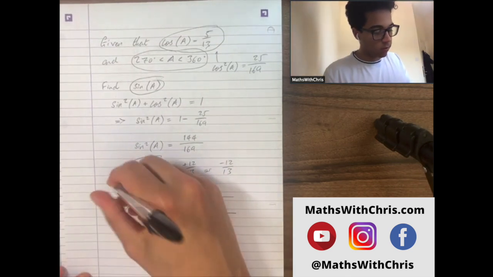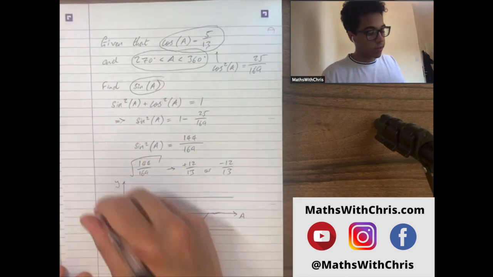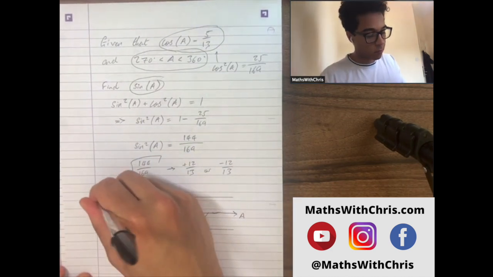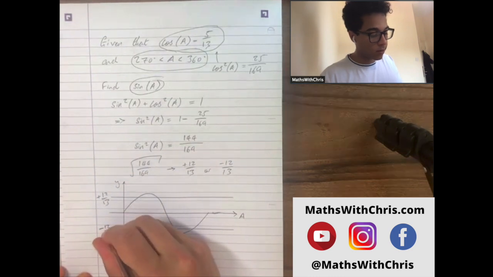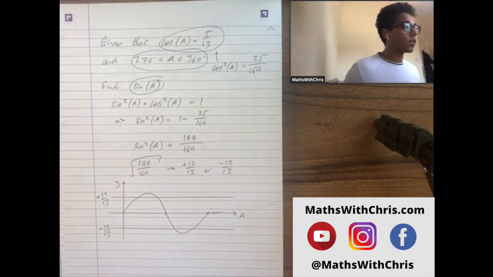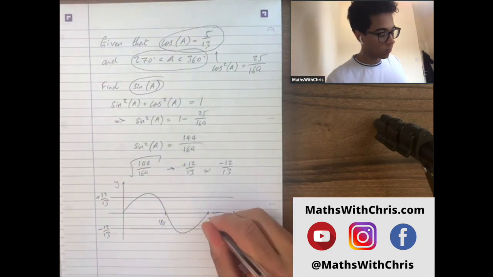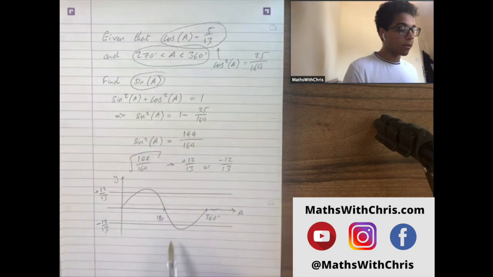This is sort of y. This is like our A axis almost. So this is plus 12/13, and this is minus 12/13. And we're told that A is between 270 and 360. So it's down here somewhere.